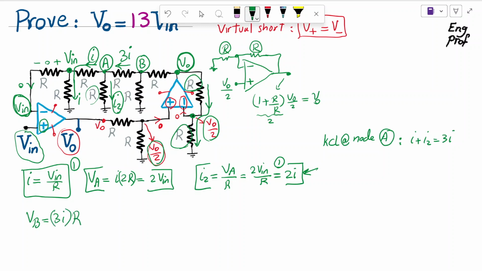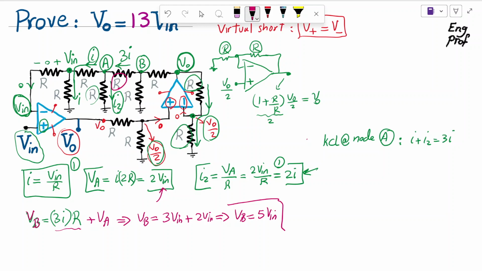So 3 times I is going through this resistor R, and it results in a voltage drop that is 3I times R, and then plus VA. Okay, so what do we get then? VB is 3 times IR, which is 3 times V in, and VA is 2 times V in. Alright, so we got VB is equal to 5 times V in.